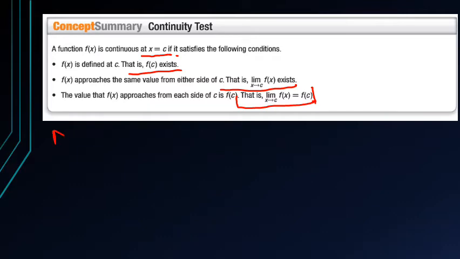So here we go. Number one: does it exist? Second, are we getting closer from the left and the right?